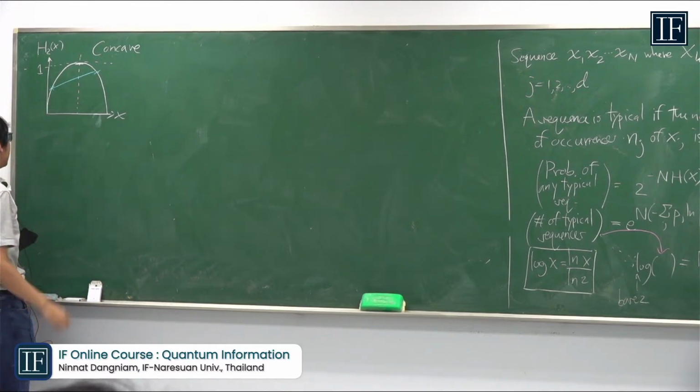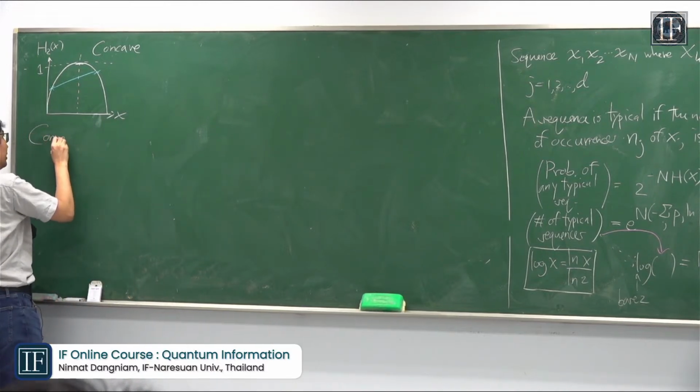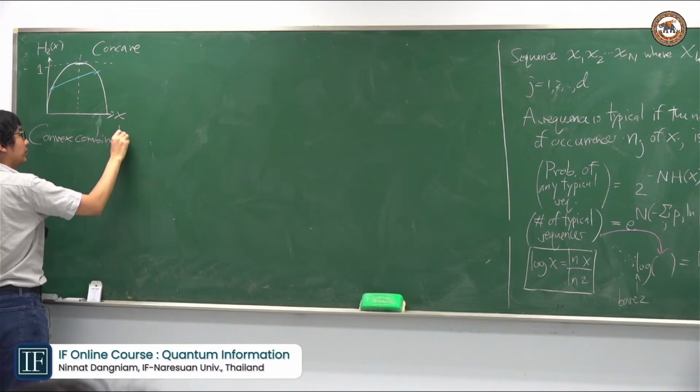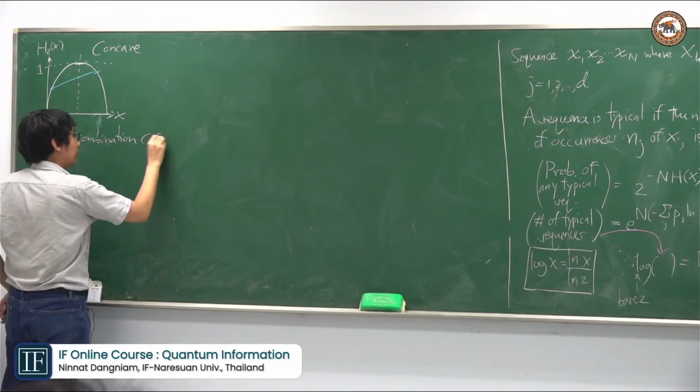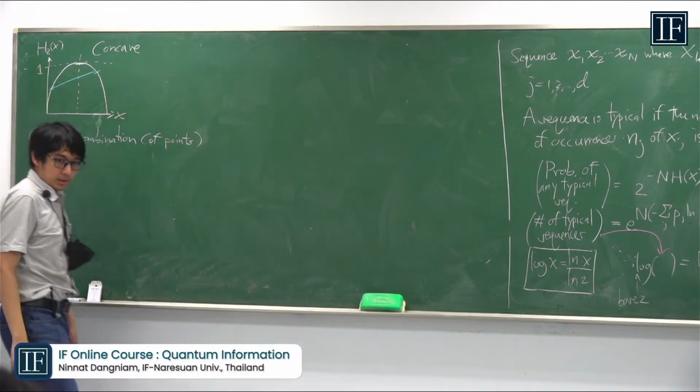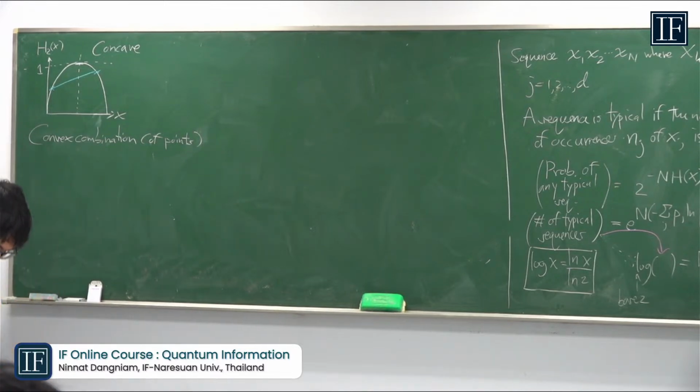To be more precise, I have to define something called a convex combination of points. Let's say I use the symbols x and y.